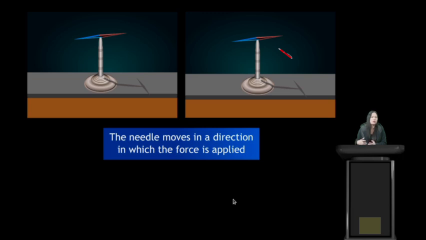It may not only be a book, it may be any other object, but the object will move in the direction in which we are applying force. Every object will move in the direction in which force is applied when we push it. So remember this: an object will move in the direction in which the force is applied.